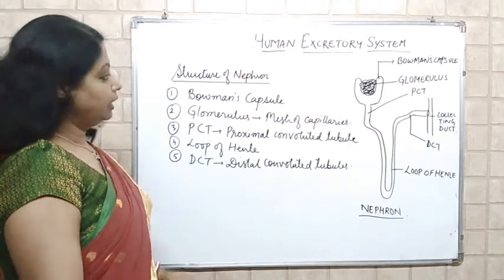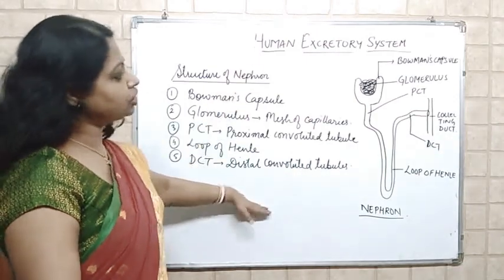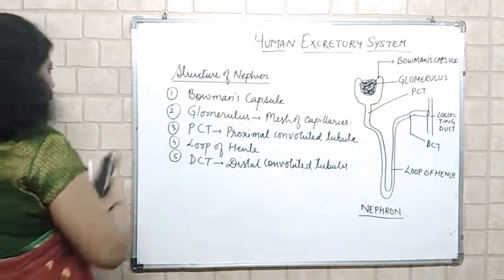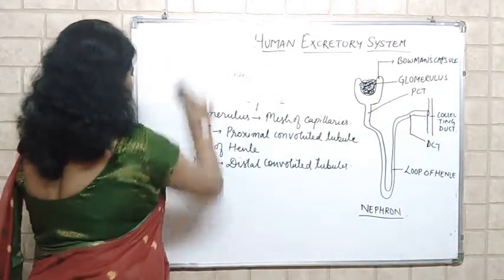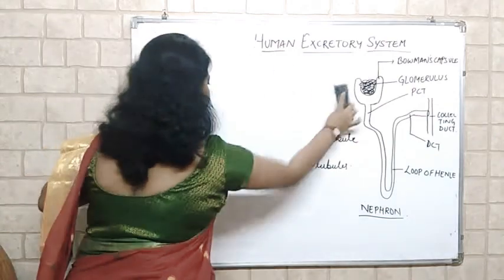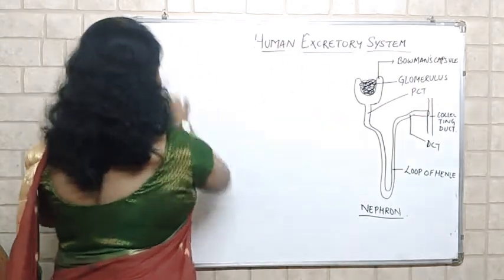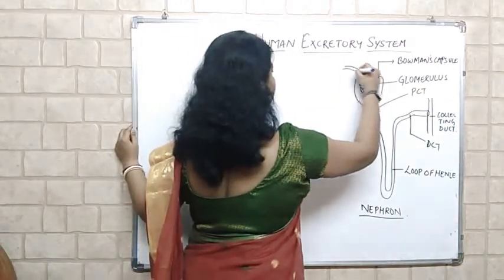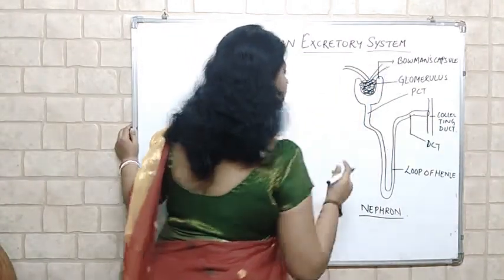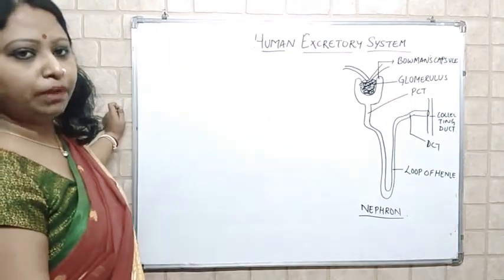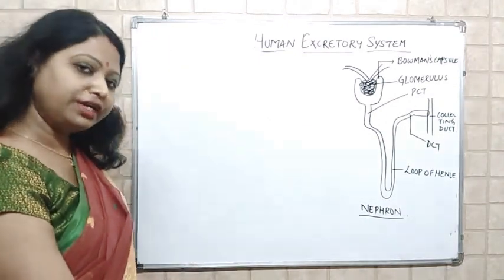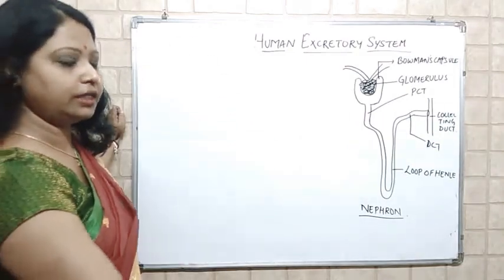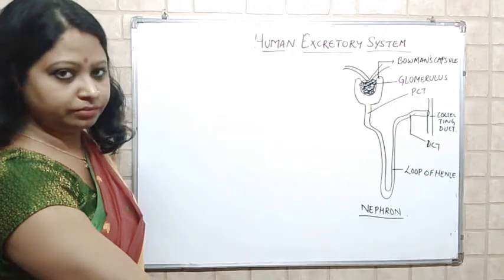Fine, students. Let's study the function of this and the formation of urine. How is urine formed? We all know that the artery which brings blood to the kidney is the renal artery, and the vein which takes away the blood is the renal vein.